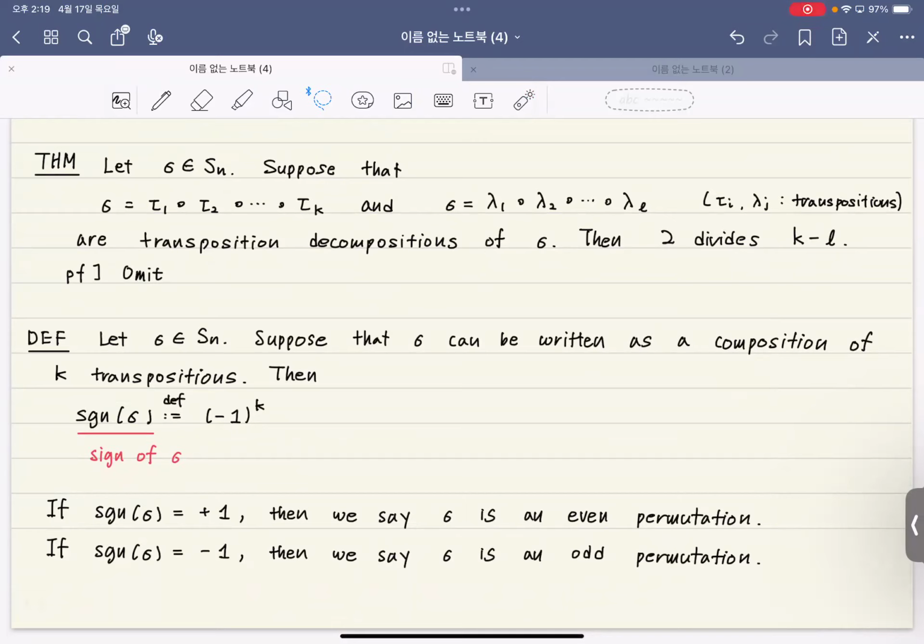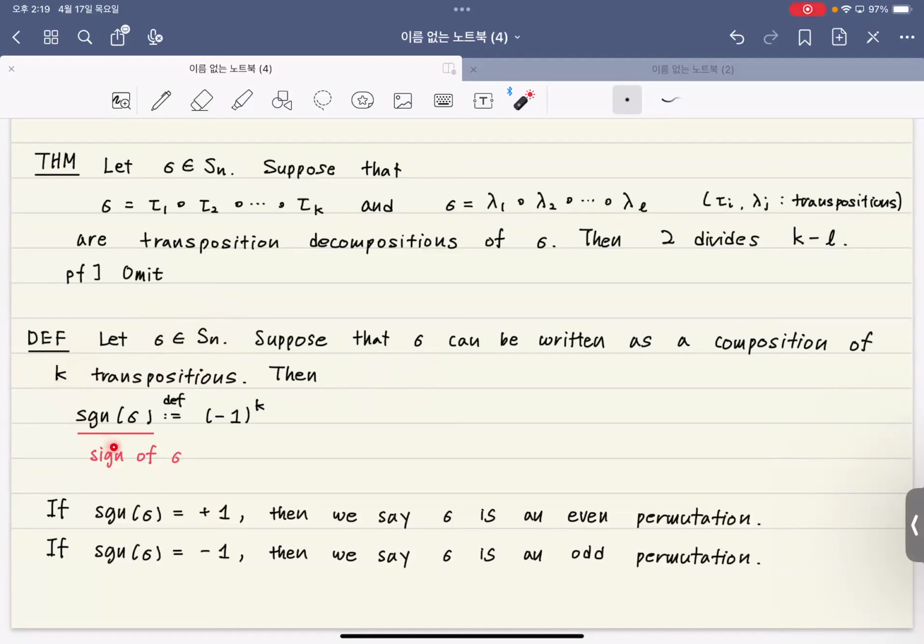Now I want to define the sign of a permutation. I have a permutation group Sn, and I pick some random element sigma from Sn, and suppose that sigma can be written as a composition of k transpositions. This integer k is not unique, but the parity of k is always well defined, right?